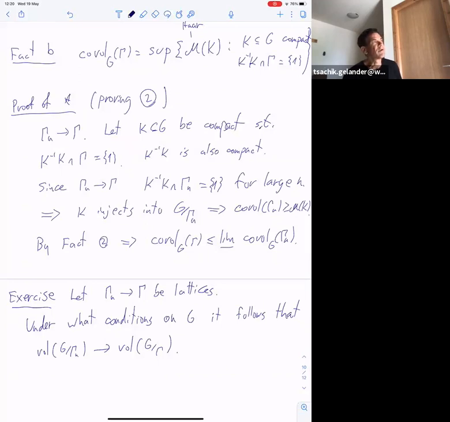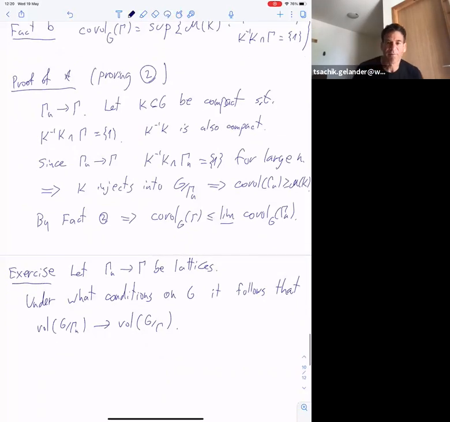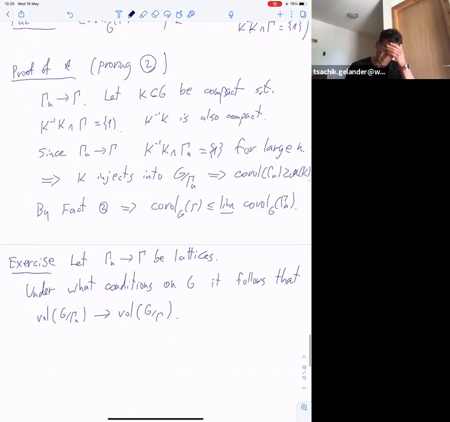Yeah, maybe it's always true. So for the moment, it's an exercise. Maybe we will need to prove something like that for the application, so I will not have time.